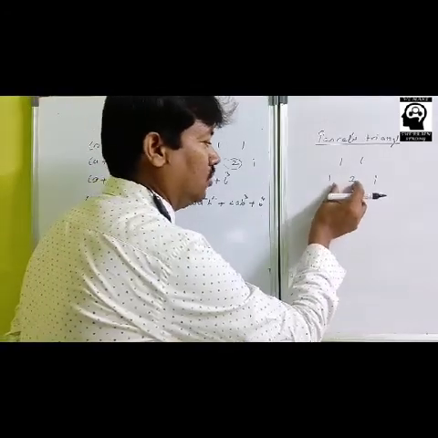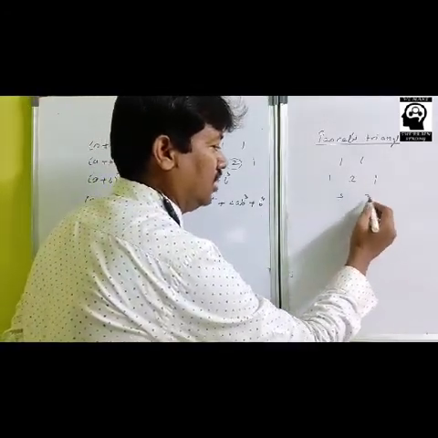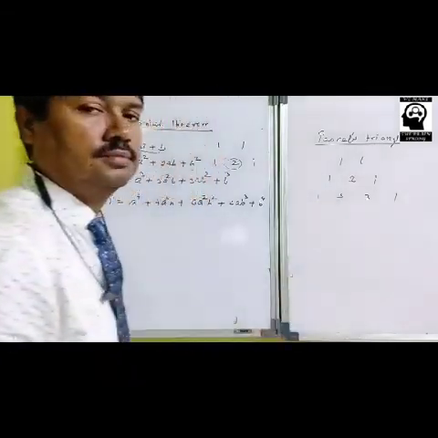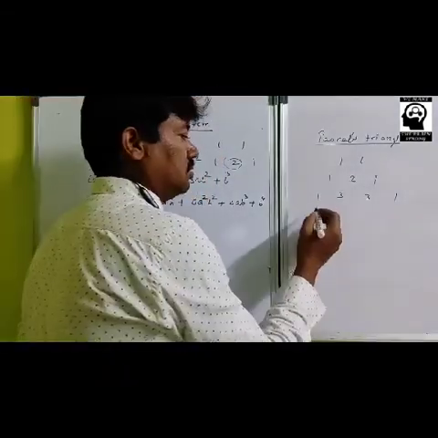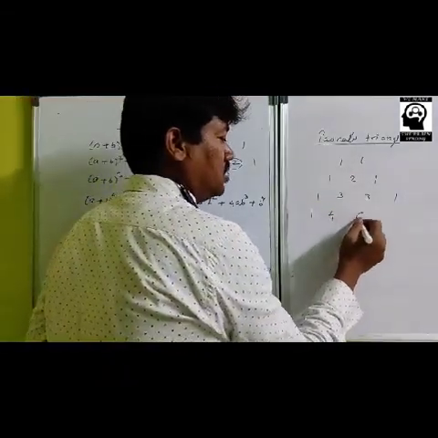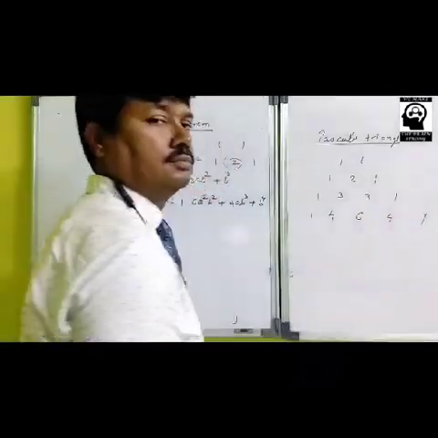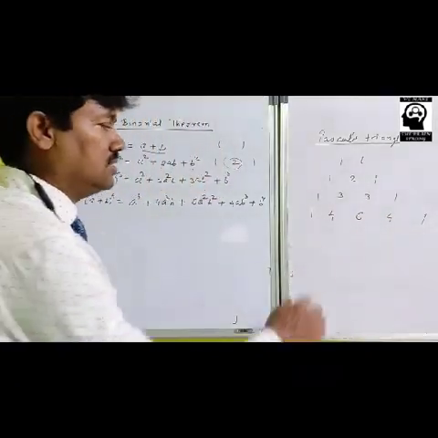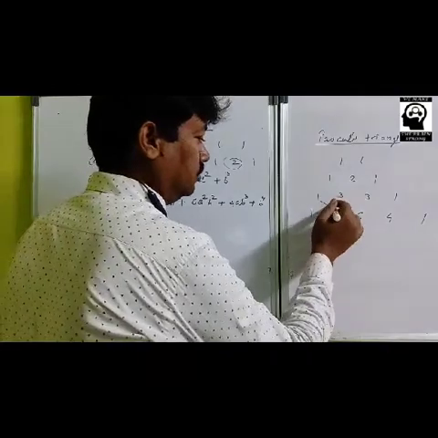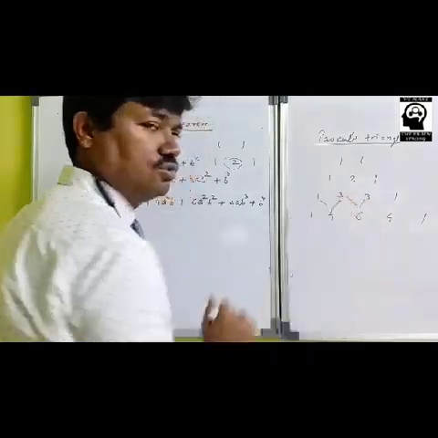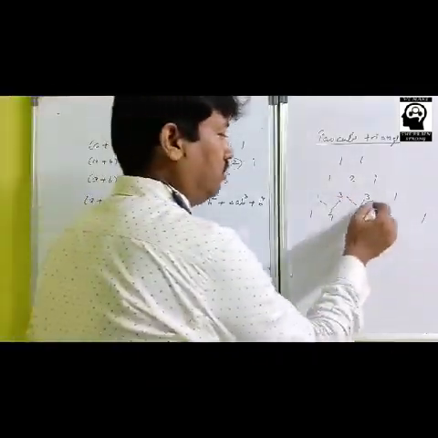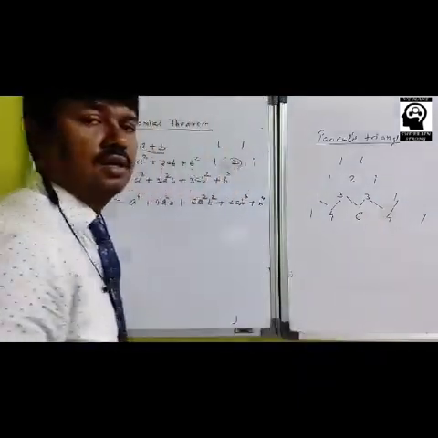The next is the sum of these two, that is 3, 3, and again 1, 1. Next coefficients are 1, 4, 6, 4, 1. That is the sum of these two is here, the sum of these two is here, like that.